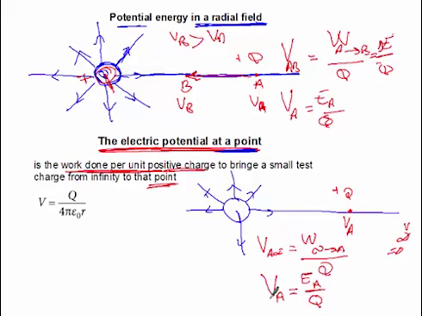So see here, we started with the potential difference between infinity and A. Because the potential at infinity is 0, this will give us the potential at point A. Again, in a simple way, V infinity minus VA, where V infinity is 0, gives us the potential at A. So we can define the potential at a certain point A as the work done per positive charge to bring a small charge from infinity to that point.